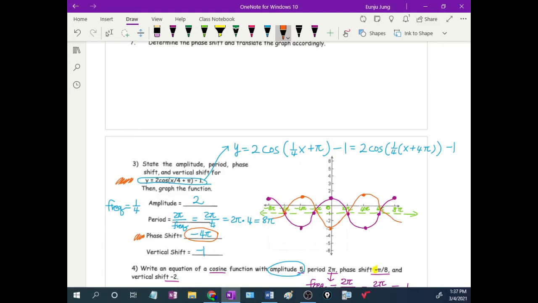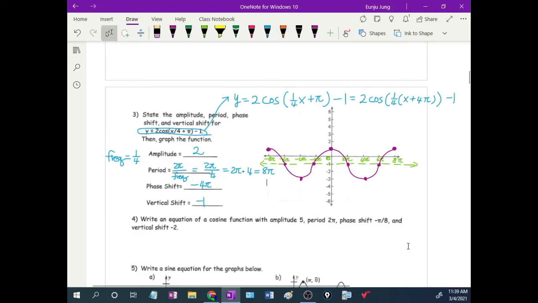Okay, so it is moved. So the graph is not like this, the graph is like that. Make sense? Okay, so don't forget the translating to the left, 4 pi units. 4 pi units is 2 blocks to the left from here.